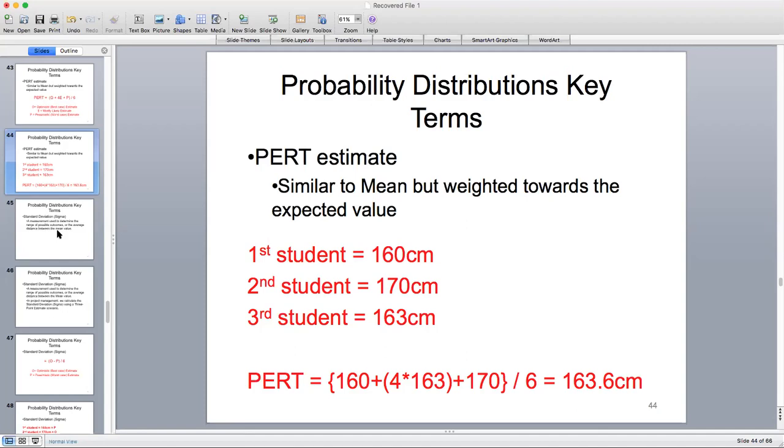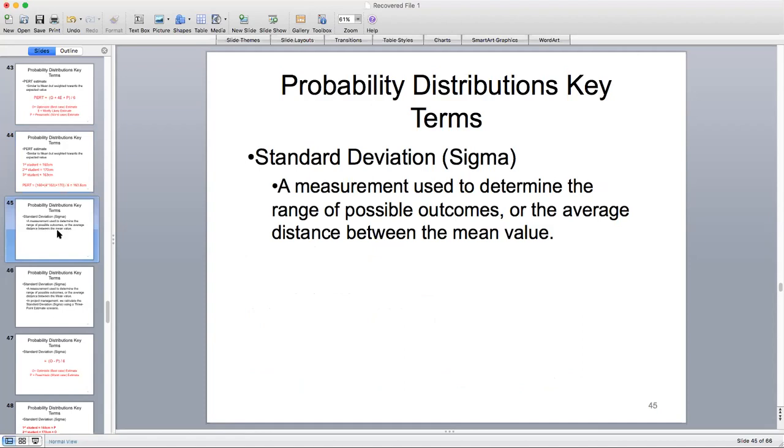It's a weighted average. Now, we have standard deviation, otherwise known as sigma. What is standard deviation? Well, quite simply, it's a statistical measurement used to determine the range of possible outcomes or the average distance from the mean value.